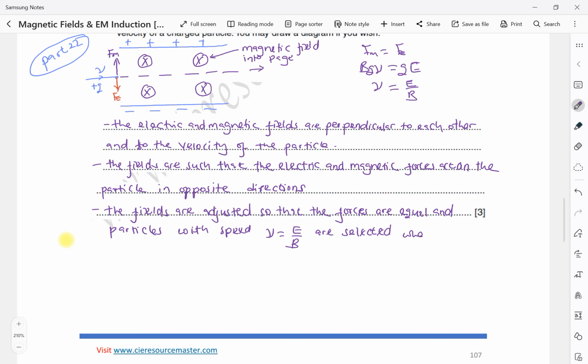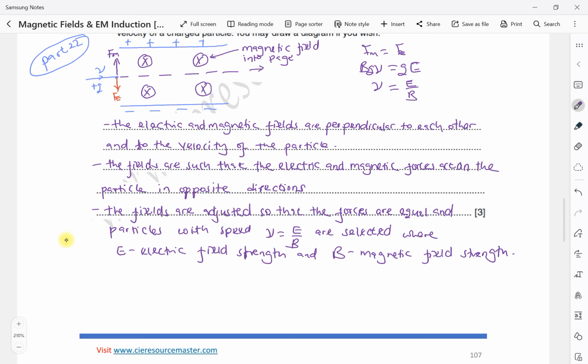Where E is the electric field strength and B is the magnetic field strength.